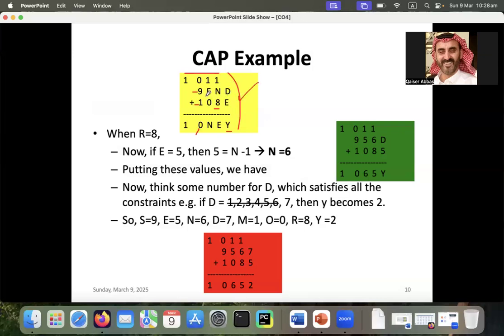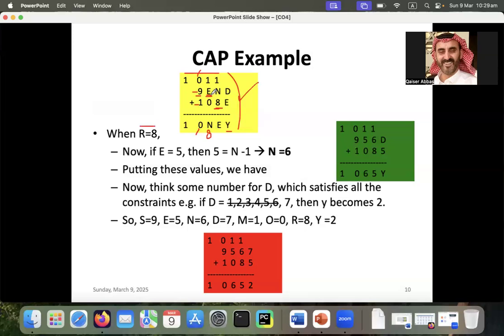So here, 9 is already done, 8 is already done. Okay, 7 is remaining. So if you will take this E is equal to 7, what will happen? 7 plus 1, 8. And here you will have 8. And the carry would be what? 0. But 8 is already done with the R. So I cannot take this E is equal to 7.